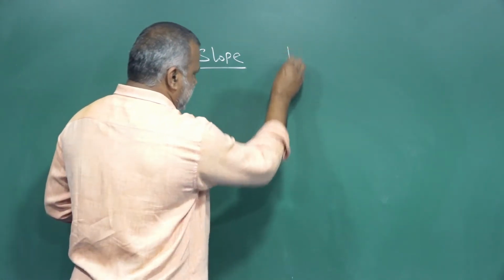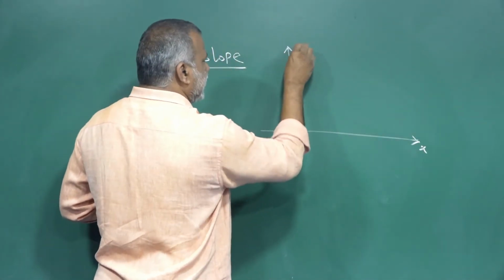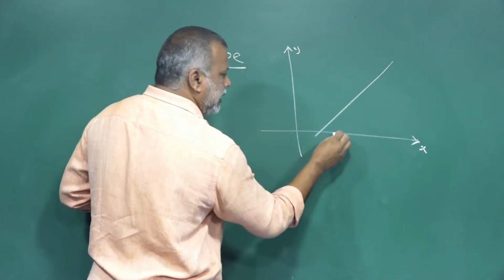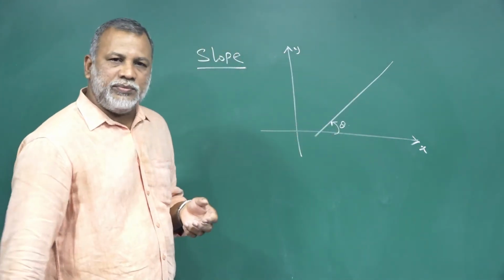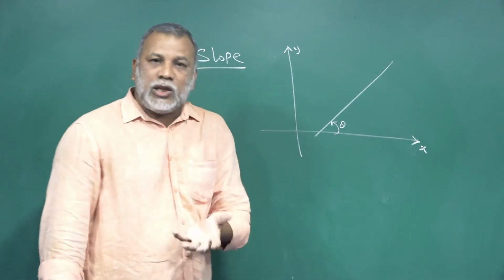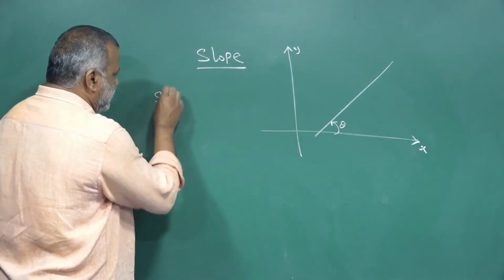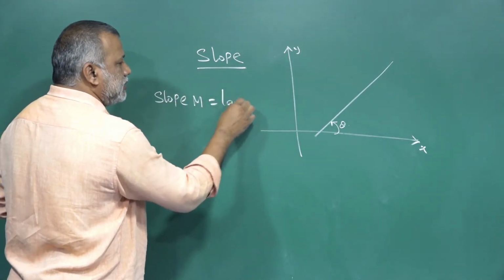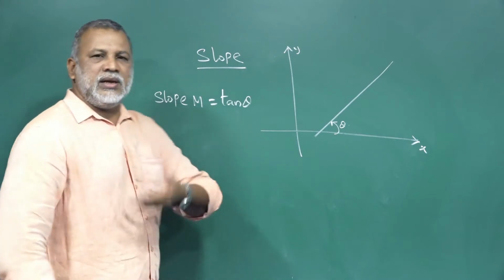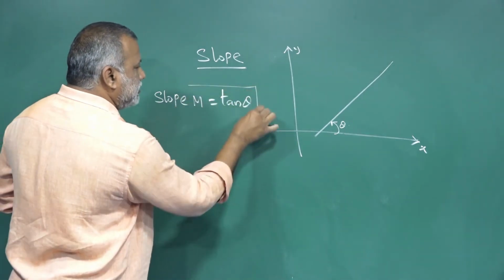For example, take a straight line with x-axis, y-axis and an angle theta. If you know the value of theta, from your lower classes onwards you have used slope m equal to tan theta. From 9th and 10th standard, you are using this formula, slope m equal to tan theta.